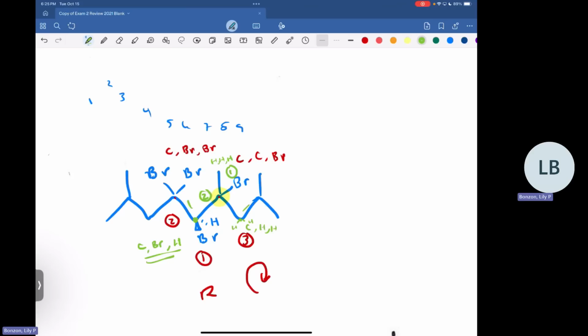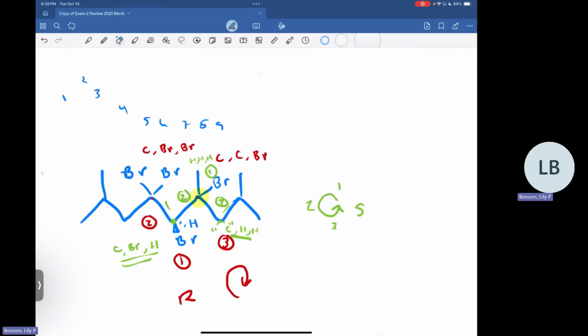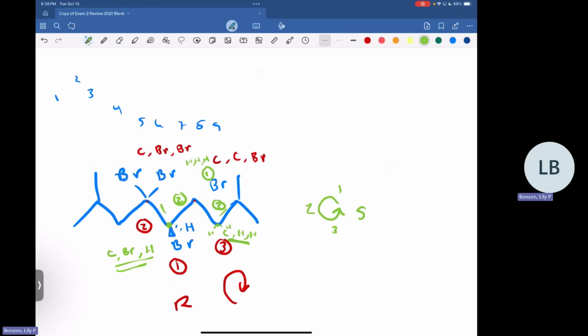And then this group is going to be our third highest priority, so that's going to be 3. We're going to go 1, 2, 3, so that's going to be S. That's what we wanted, 6S. To lock that in, we're going to draw the bromine on the wedge and the methyl group on the dash.